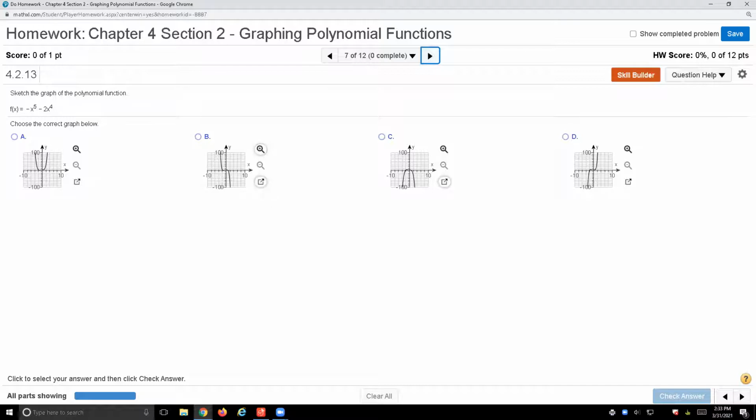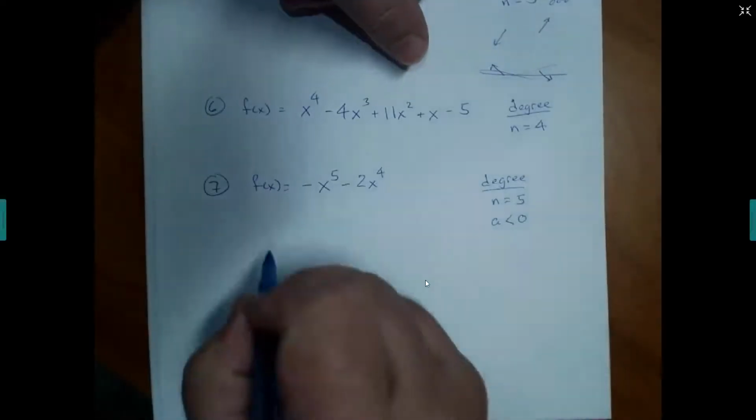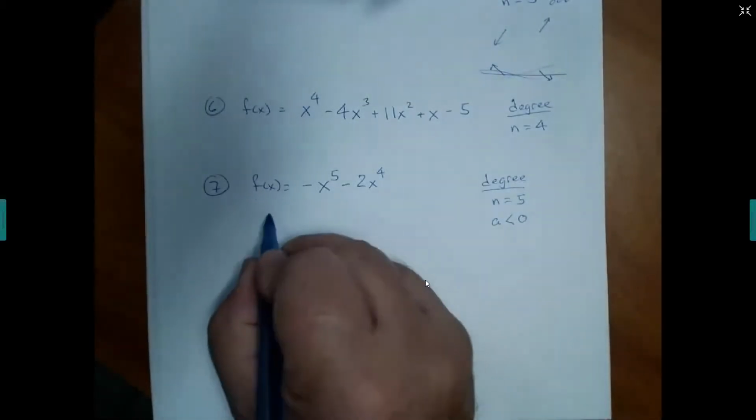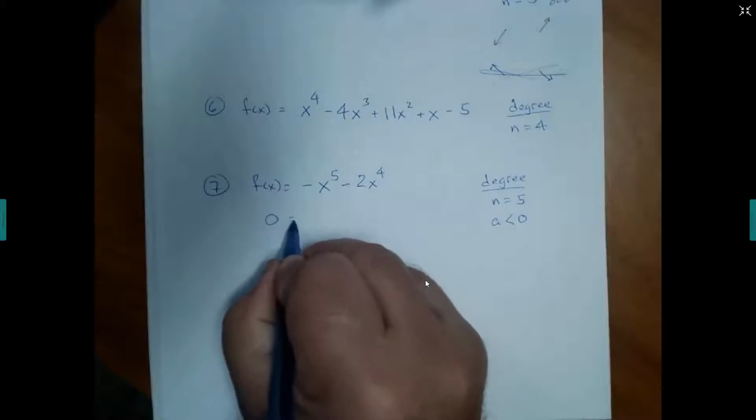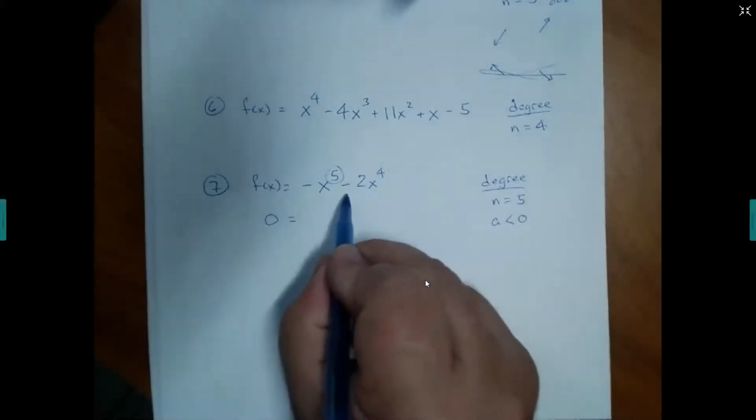In this one here, we can take it a little bit further. Let's look for the x-intercepts. We know we'll have at most 5. So what can we factor out of this automatically?